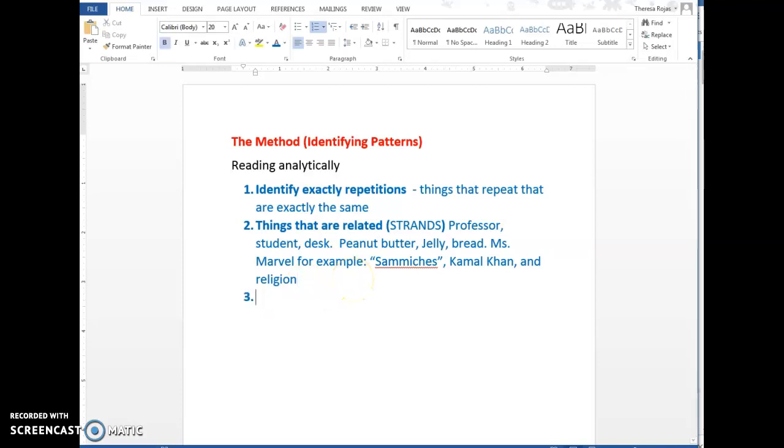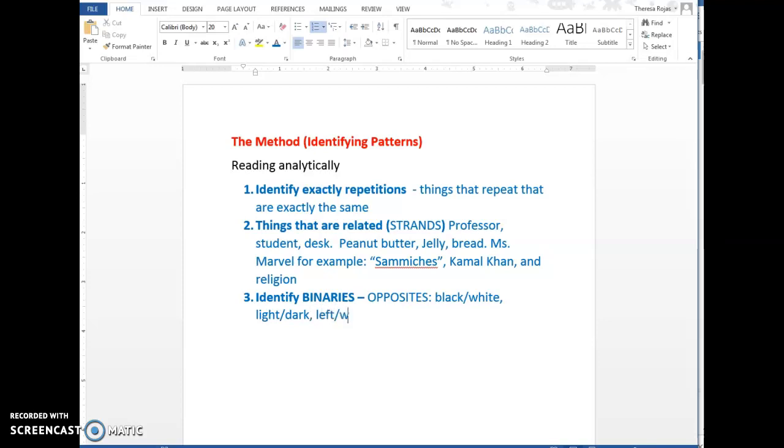Now the third one is identify what are called binaries. Now for folks who don't know, a binary is also an opposite. So binaries, some easy ones would be black versus white, light versus dark, that kind of thing.